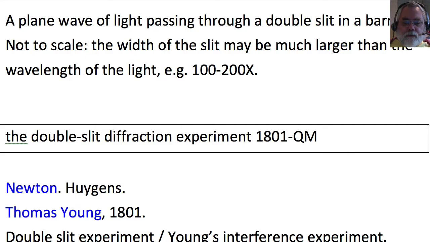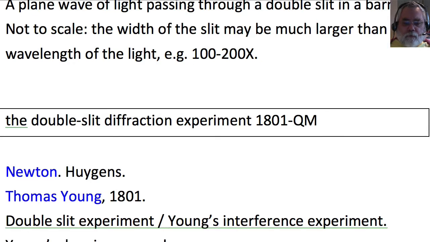Now, Young did an experiment with two slits that we called the double-slit experiment or Young's interference experiment, and this will establish the wave theory of light, overruling Newton's view.